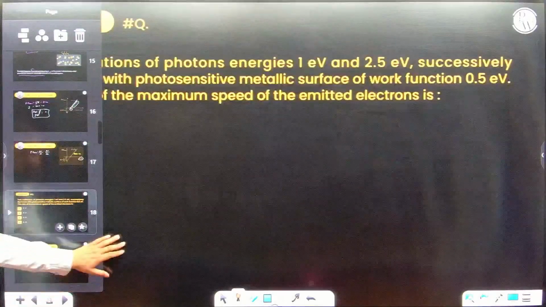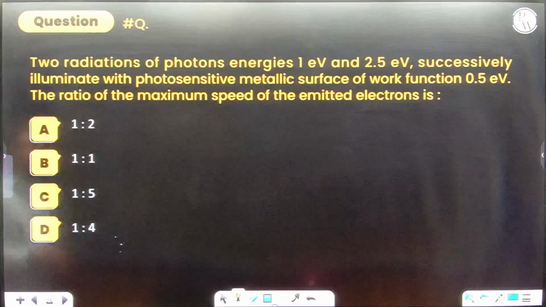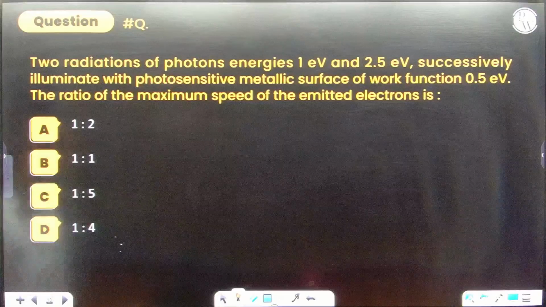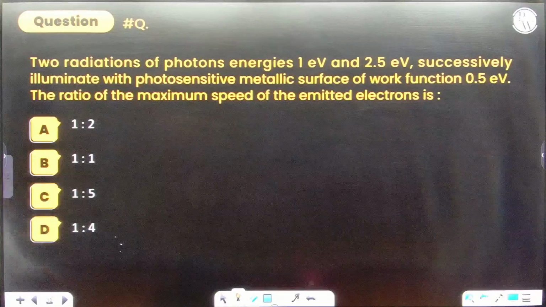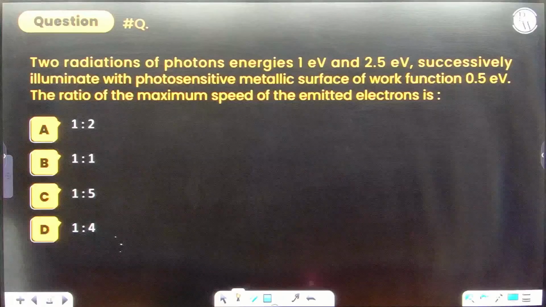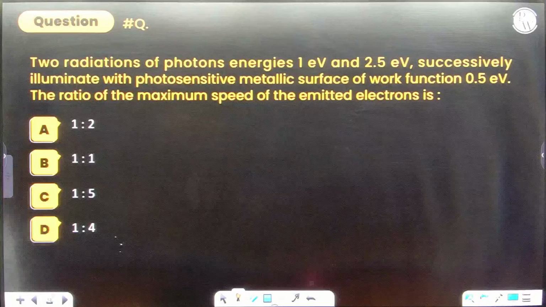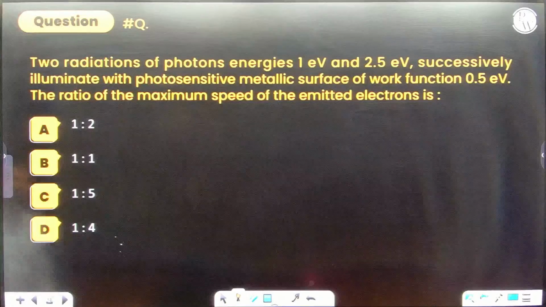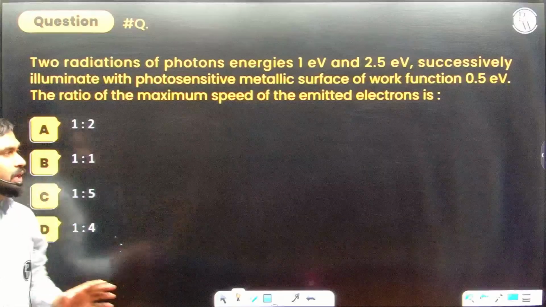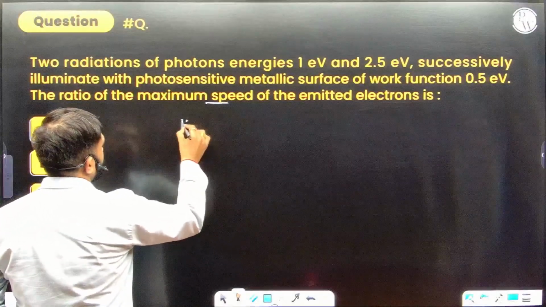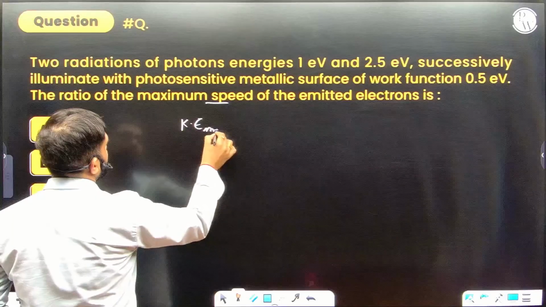Let's take up a question based upon the photoelectric emission. They are saying that two radiations of photon energies 1 electron volt and 2.5 electron volts successively illuminate a photosensitive metallic surface of work function 0.5 eV. Find the ratio of the maximum speed of the emitted photoelectrons. So we can first find the ratio of kinetic energy, the K max, and then we can get the speed. So let's write the K max.